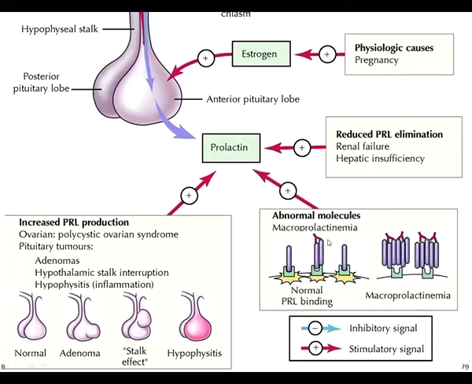It means that the binding of abnormal molecules to the receptor of prolactin will have the same effect as if prolactin were in the circulation. As well, there may be a lot of receptors amplified. In this case, the individual has a genetic effect which will expose the receptor of prolactin in amplified form, and you can see multiple copies of the receptor.